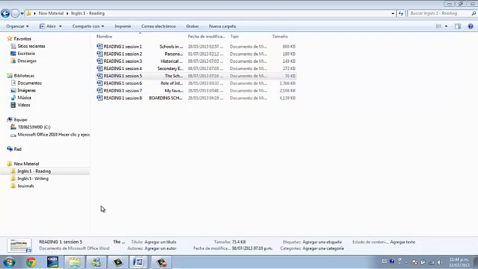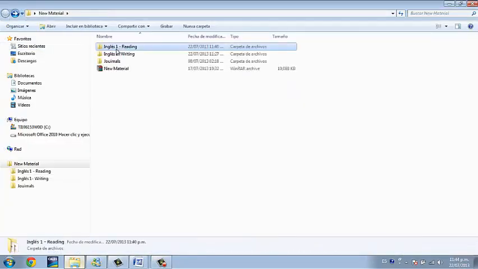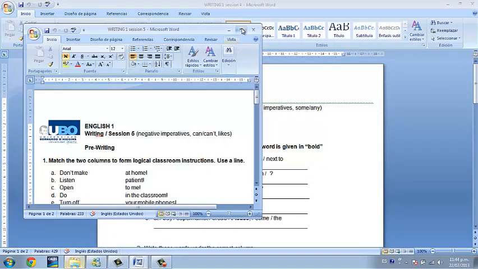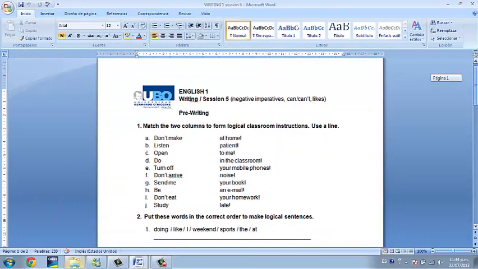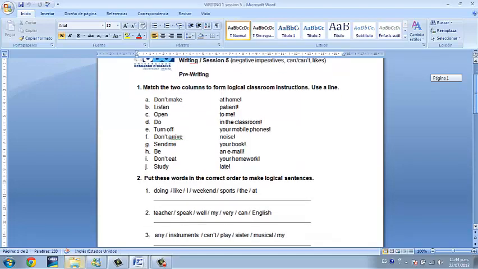The session 5 would aim at, first of all, a pre-reading activity: match the 2 columns to form logical classroom instructions. Then we will see the imperatives, like negative imperatives, can and can'ts and likes.